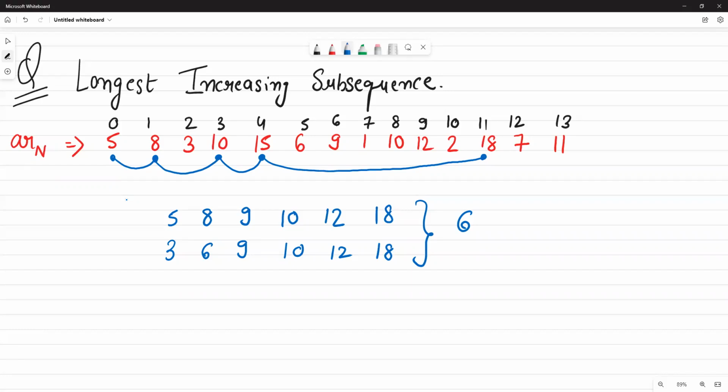Brute force would be just going from left to the right, checking what is the increasing order of the numbers, and creating subsequences from the left to the right.